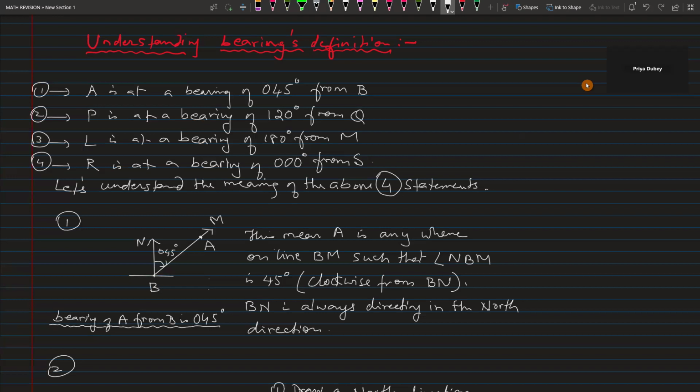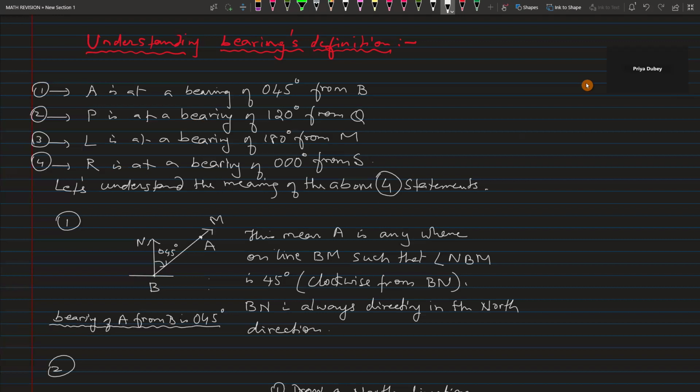Now let us understand the meaning of the above four statements one by one. So the first one is A is at a bearing of 045 from B. This is very important. If the statement says A from B, or P from Q, L from M, R from S, then after 'from', whatever letter comes, at that letter you have to draw an arrow pointing in the north direction.